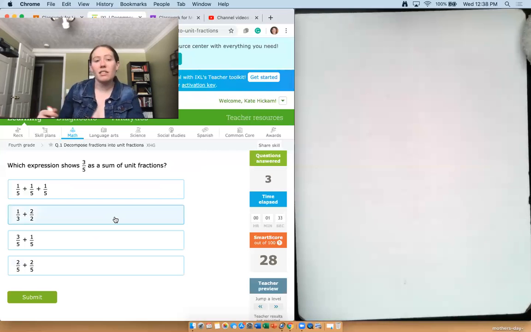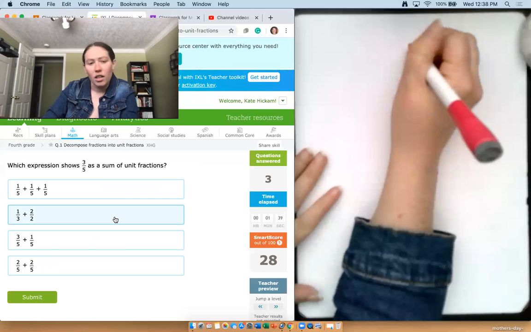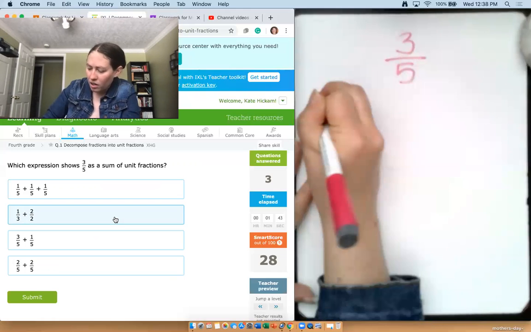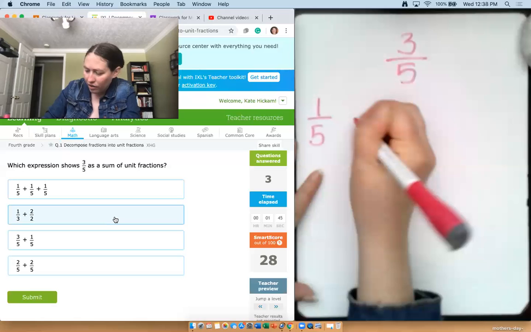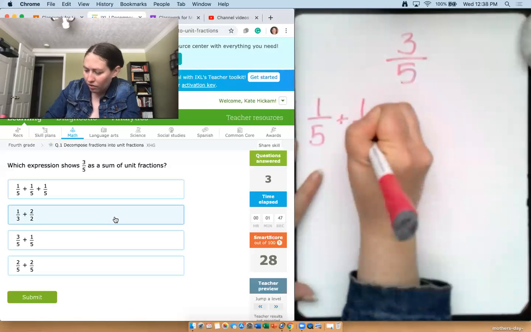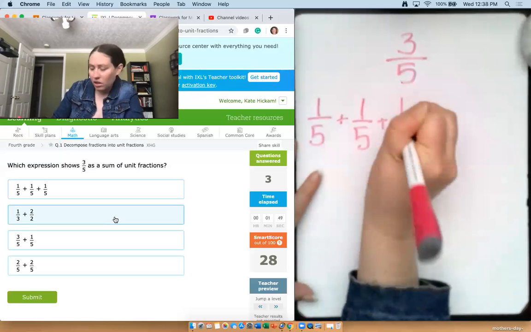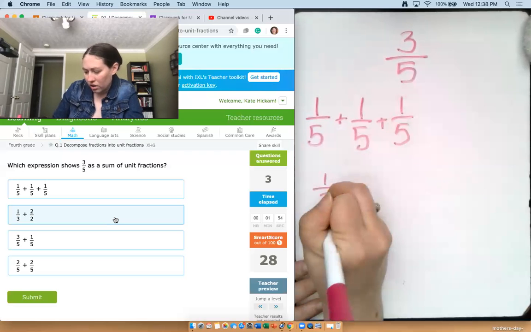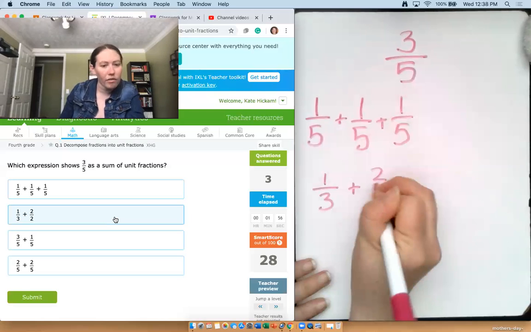Ooh, now this one's a little different. It has 3/5 is what we want. Now the first one is 1/5 plus 1/5 plus 1/5. The next one is 1/3 plus 2/2.